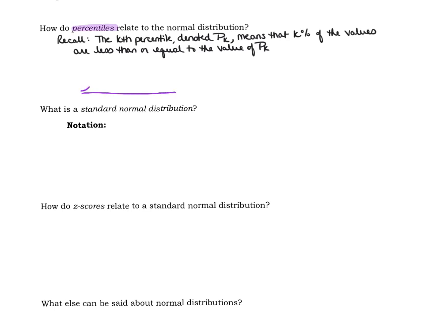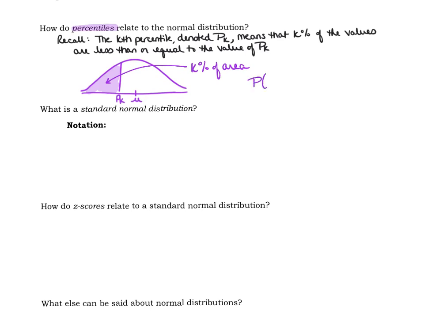If here we have some sort of a normal distribution, and here in the middle is mu always, somewhere in there you have a p sub k. It doesn't necessarily have to be the one I would be talking about. If you highlight to the left, because it's the percentage of values that are less than or equal to, in this region k percent of the area falls.